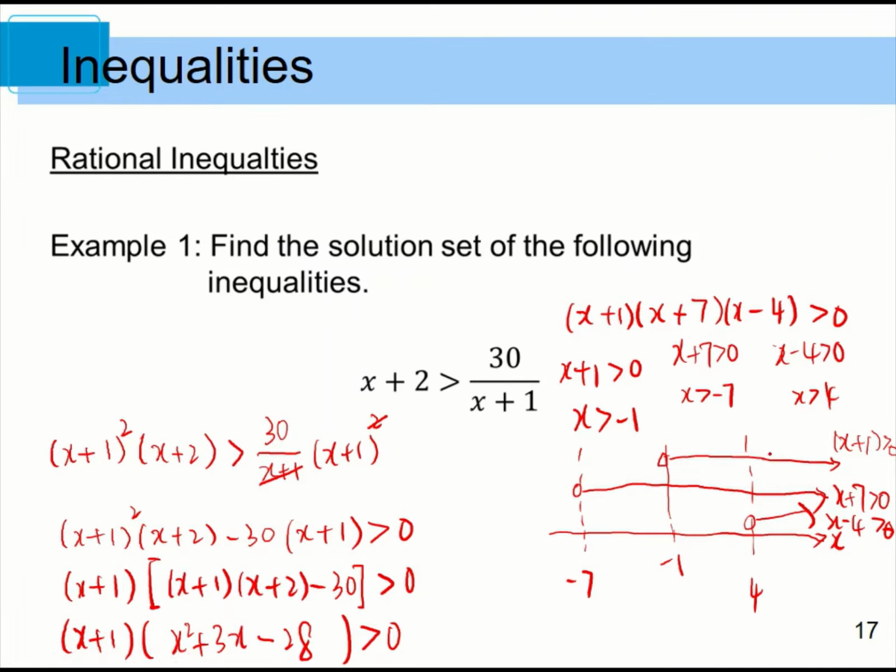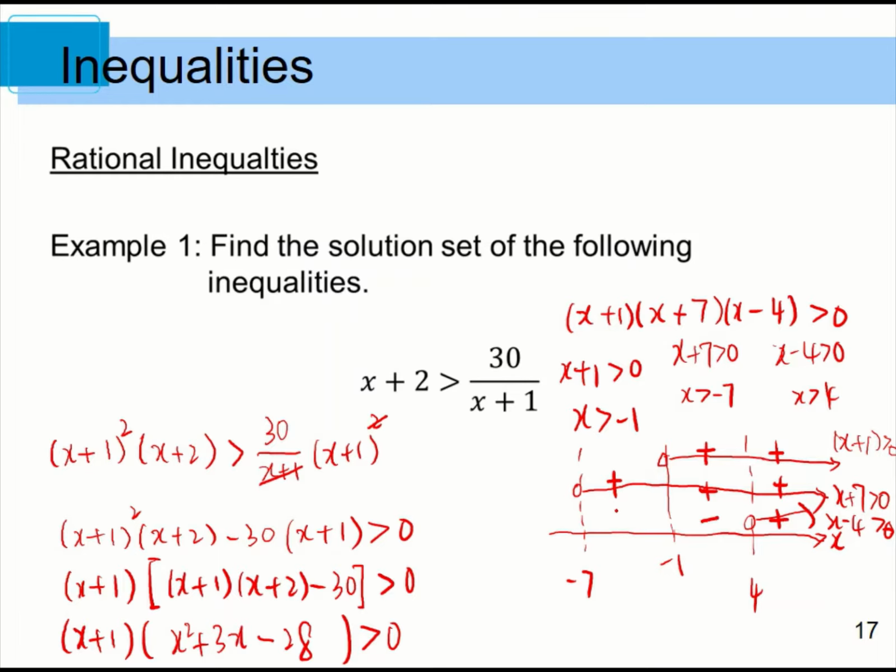The line represents positive for each one. So here, positive for x plus 1, and when x is more than negative 7, all these are positive for x plus 7. And it's positive when x is more than 4 for x minus 4.